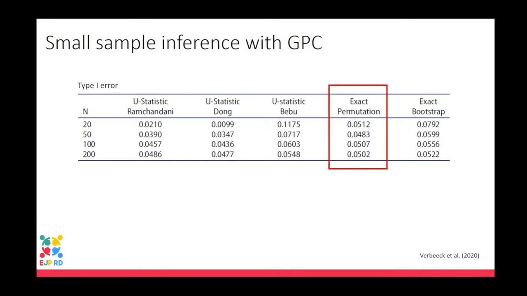So you see that those U statistics only start to work when you have a study of at least 100 or 200 subjects, while the exact permutation, indeed, for very small sample sizes, controls the type 1 error very nicely. We extended the exact permutation also to an exact bootstrap, but that doesn't seem to have the same quality of small sample properties as the exact permutation tests.